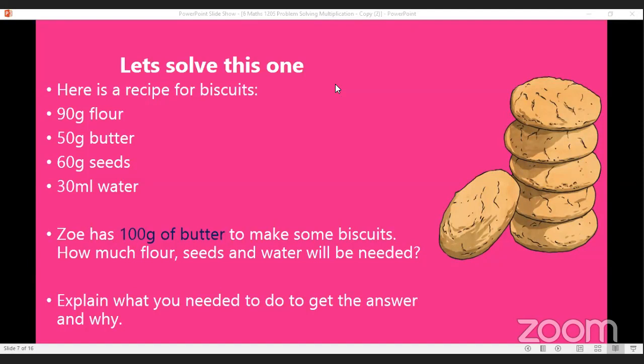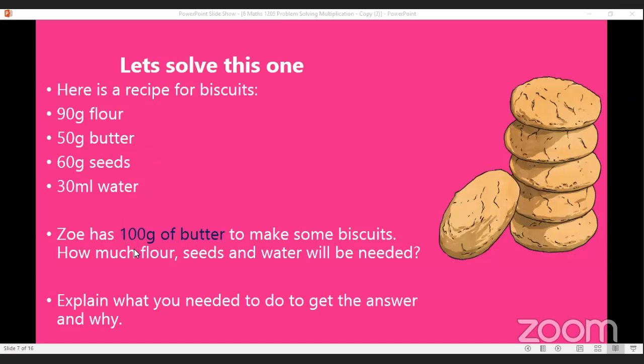Okay, now Tafika. Let me unmute Tafika. Hello, Tafika, ma'am. How are you? I'm fine, thanks. Ma'am, they're going to need 50 grams more of each ingredient. Okay, let's start with flour. The recipe needed 50 grams of butter, right?